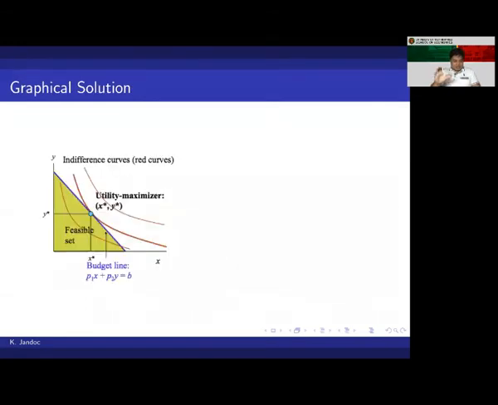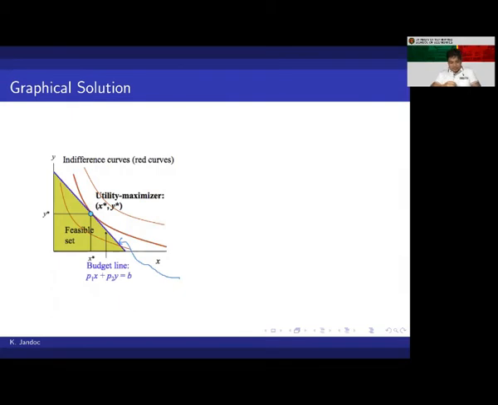Again, this is a graphical representation of the utility maximizing problem that we had earlier. You know that this purplish line over here is called the budget line. This budget line is actually a level curve.